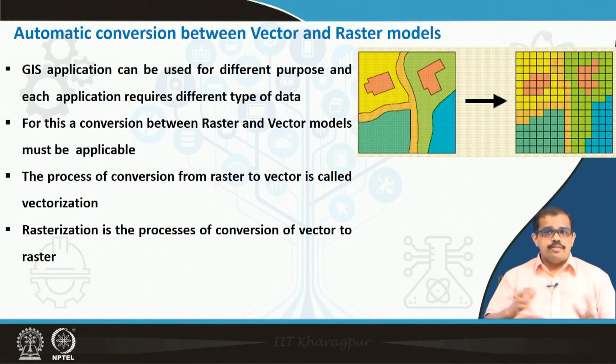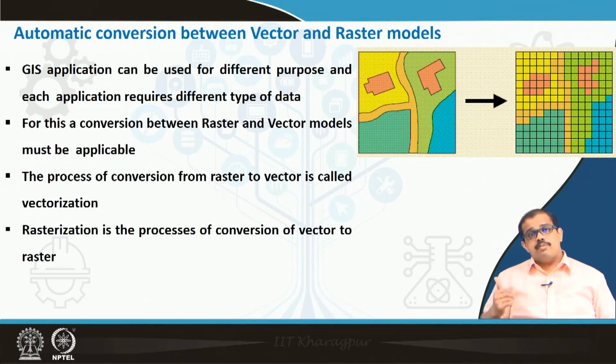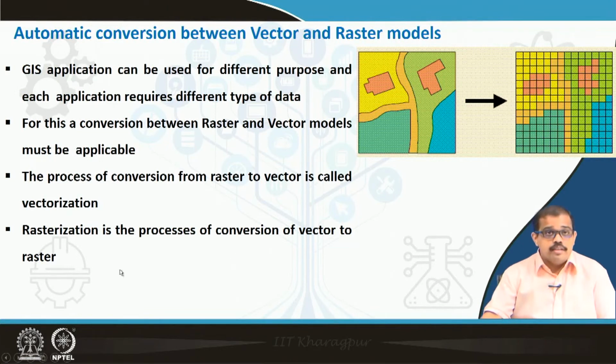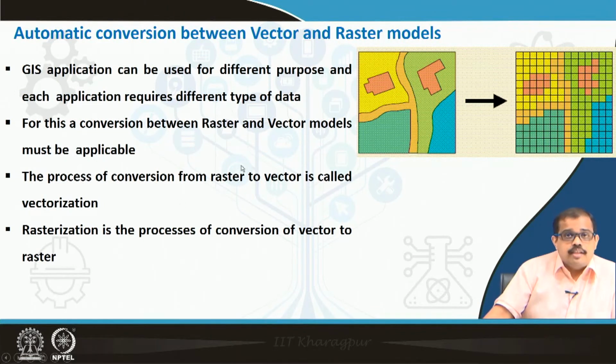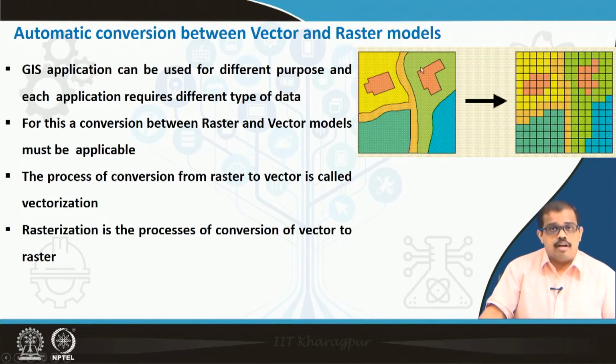Now, once we have understood both a raster model and a vector model, the next thing is, can we convert the vector to the raster or a raster to a vector? This particular image on your left hand side is representing a vector data model.